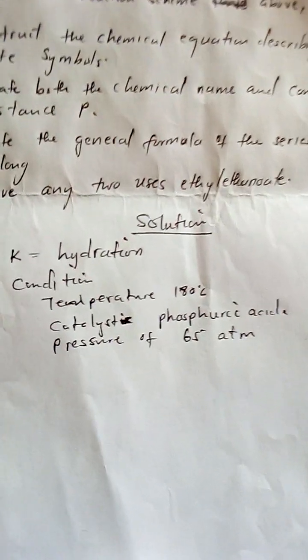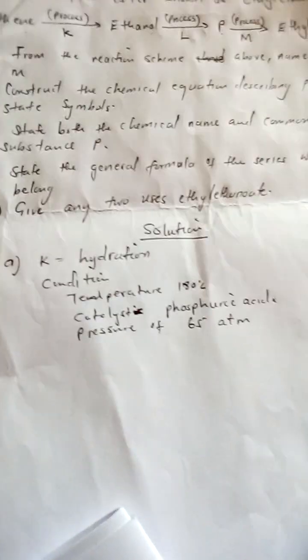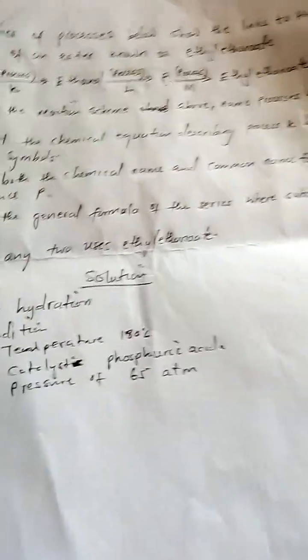What do we mean by 65 atm? atm means atmospheric pressure. So we have described process K, which is what we call the hydration process.